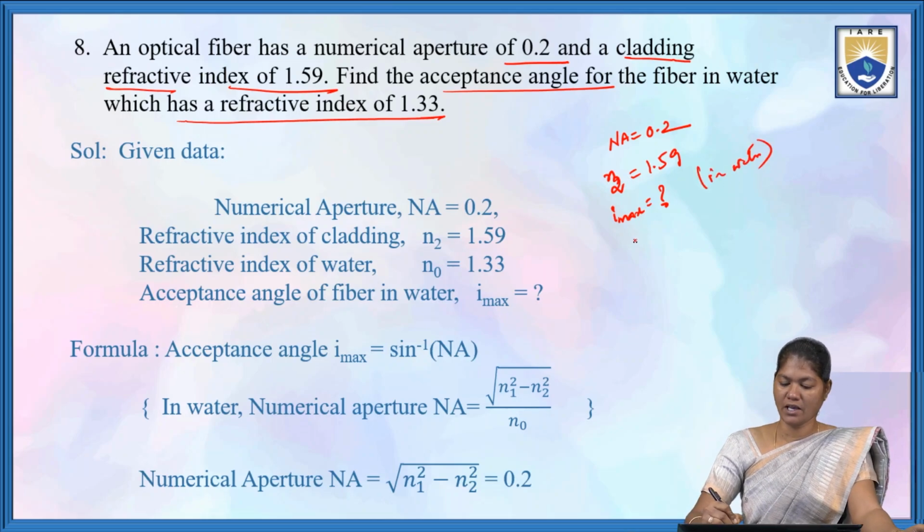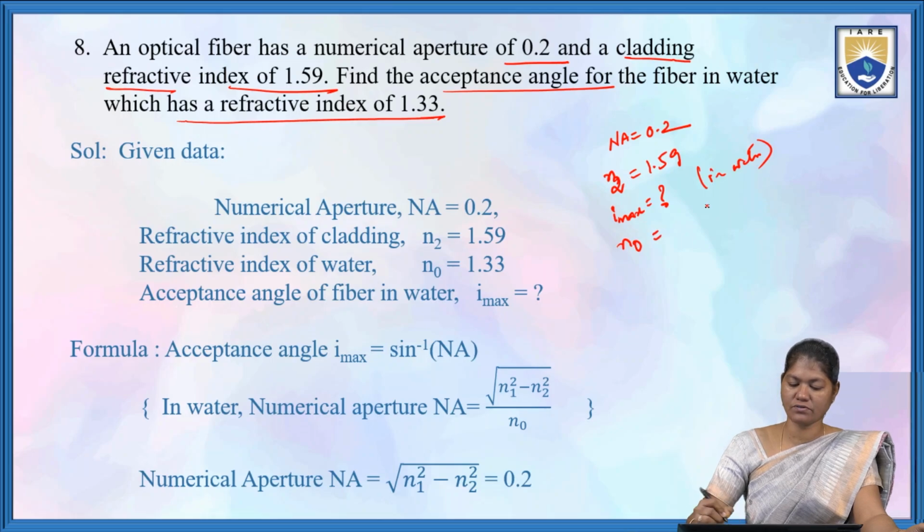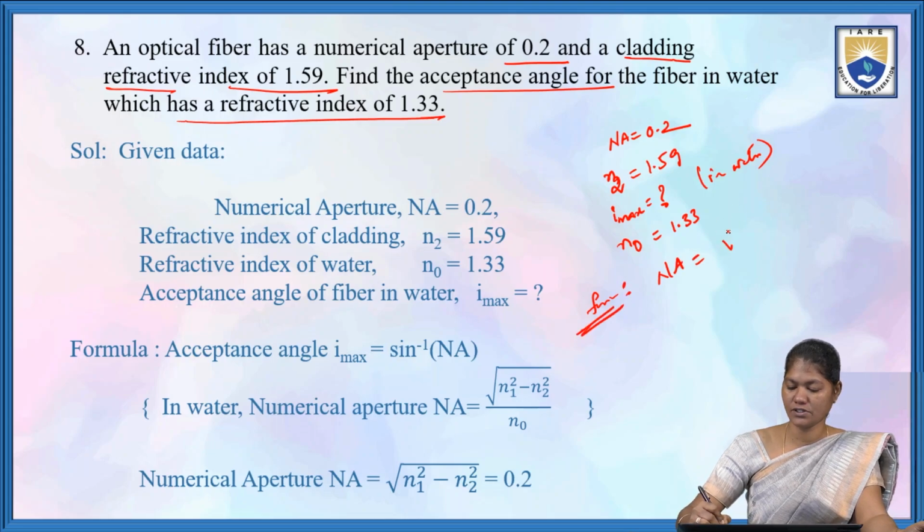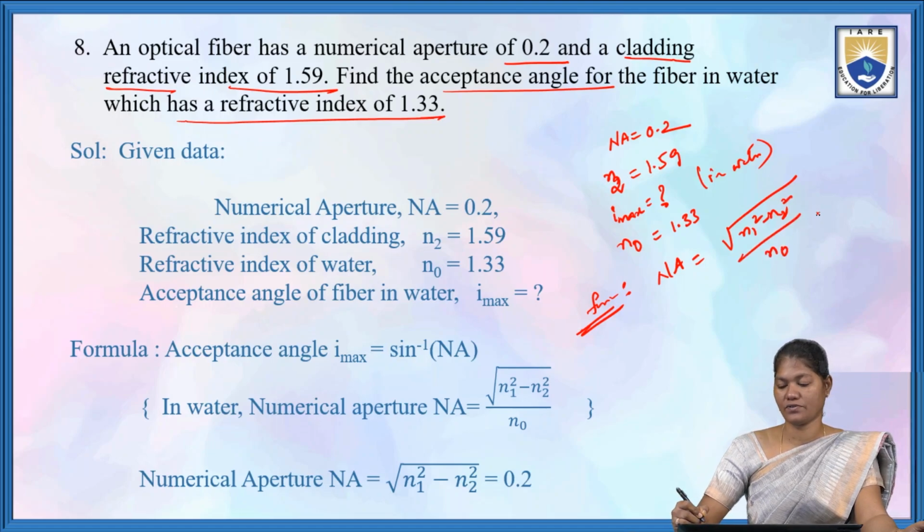So the refractive index of water is N naught, so N naught is equal to 1.33. The formula we use here: numerical aperture is equal to root of N1 square minus N2 square, divided by N naught, the refractive index of the medium.